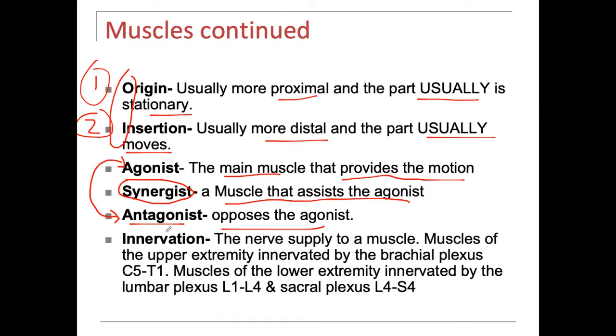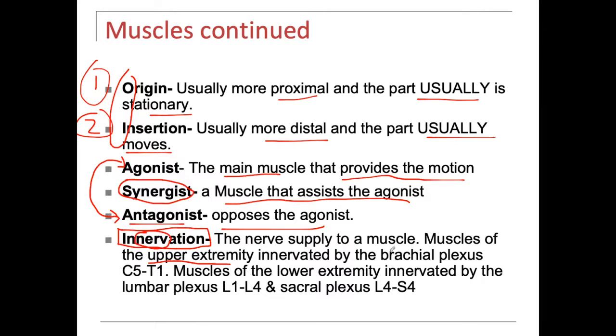All right, what do we mean by innervation? Every muscle has a nerve supply, right? Innerve. See the word innerve, innervation. When we talk about muscles of the upper extremity, this is everything from the shoulder down to the fingertips.